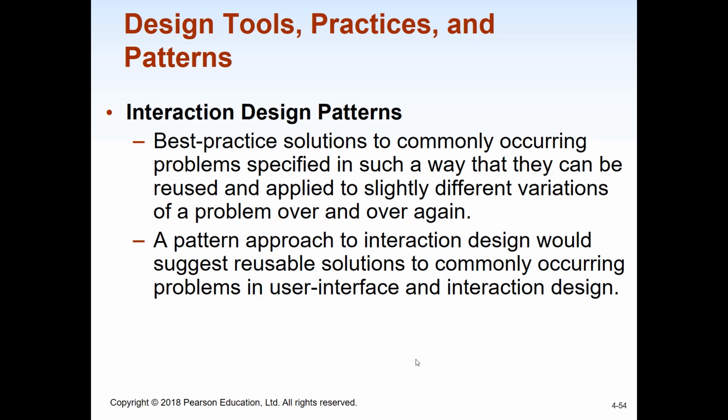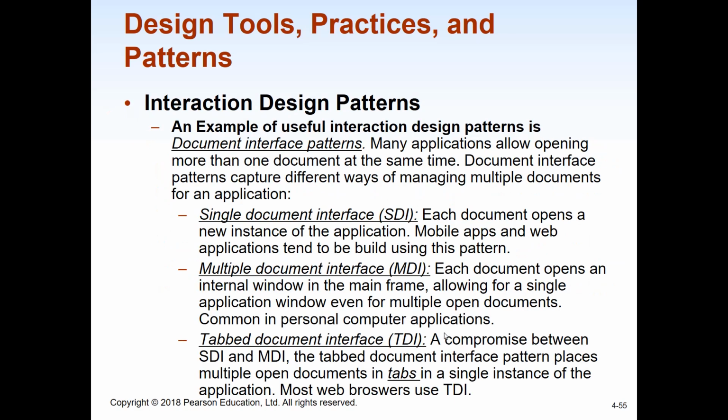A pattern approach to interaction design would suggest reusable solutions to commonly occurring problems in user interface and interaction design. So we should follow a specific pattern. It shouldn't be random, like now we are following this, and after one week we are following another method. There should be an iterative pattern for that.